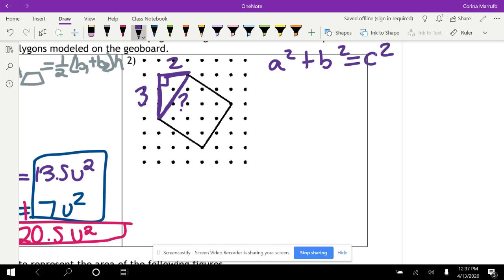And so on here, our a is 3 squared plus b squared, which is 2 squared, equals c squared. Okay, so we're going to find the distance from here to here.